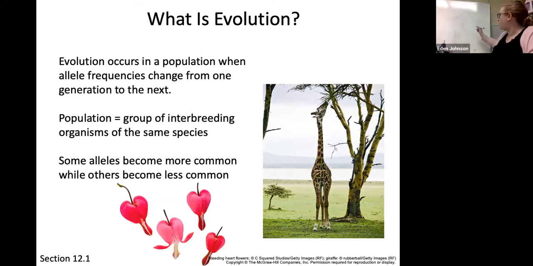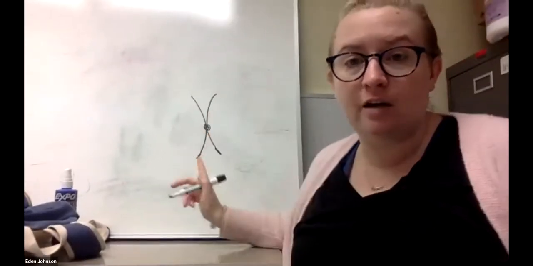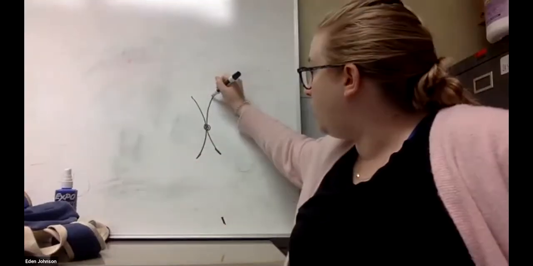Okay, so a single chromosome. So here's a chromosome. It has each gene, every single gene on every single chromosome. I'm going to stop sharing so that you can see this. All right, so here's a chromosome, every single gene on every single chromosome.